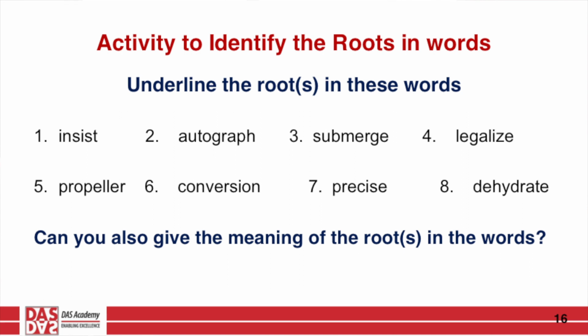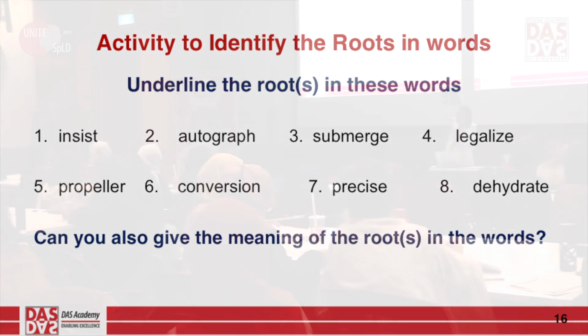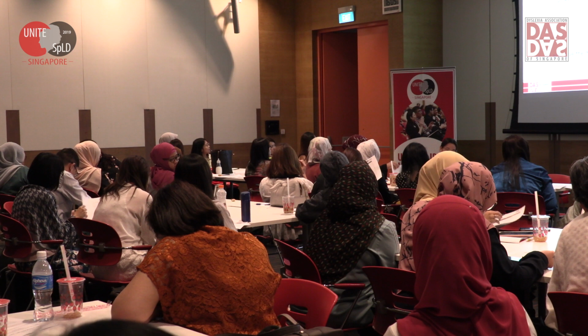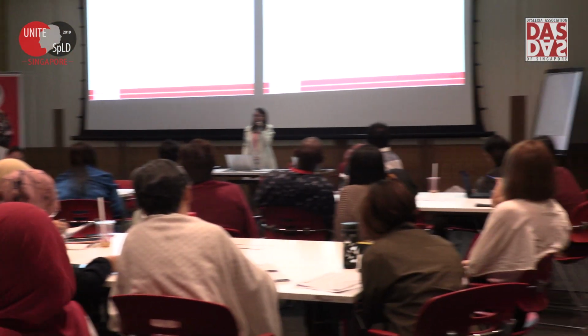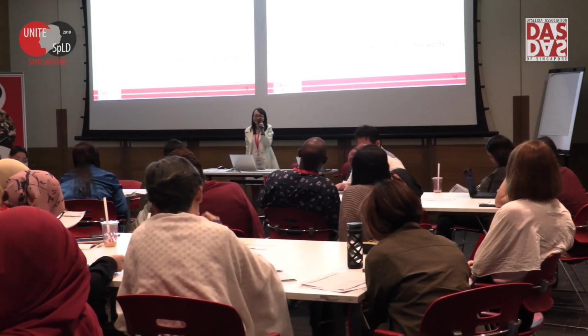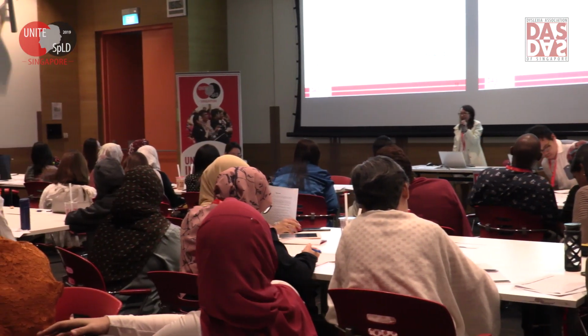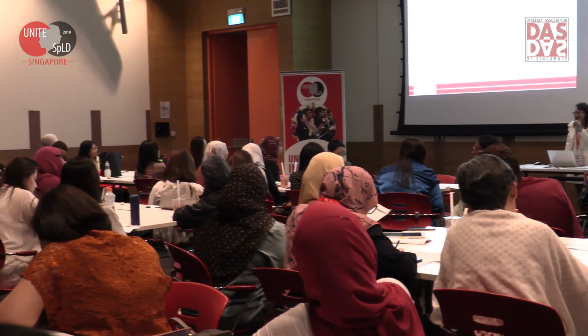You can always refer to a handout on common prefixes, suffixes, and roots to help you along, okay? Now you have 2 minutes, because we're always running out of time, okay? So 2 minutes, please, to try to underline or circle the roots in these words.